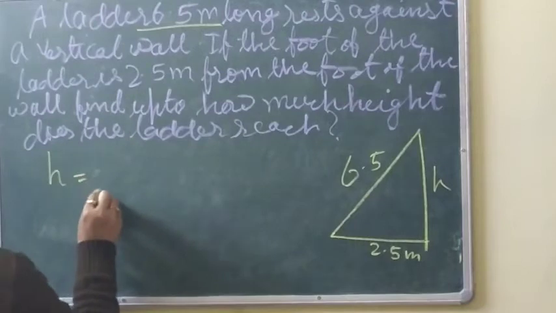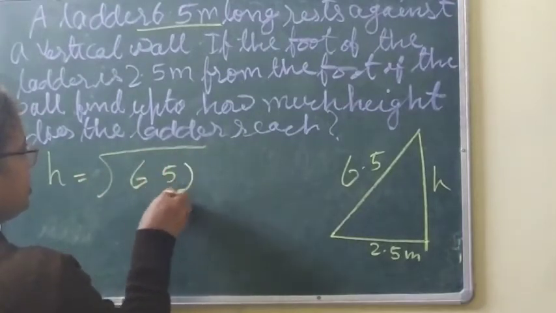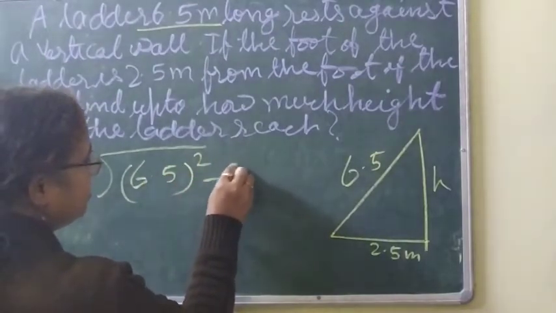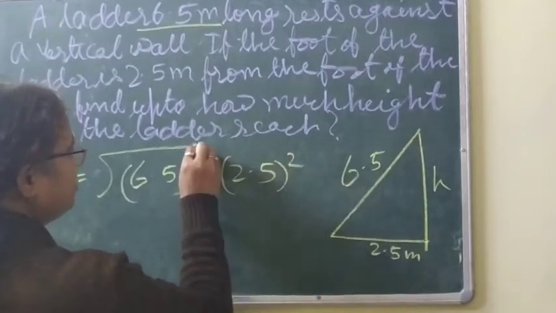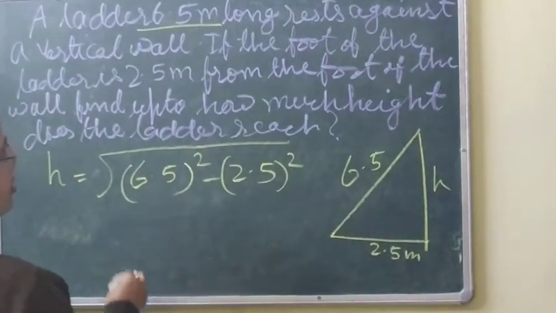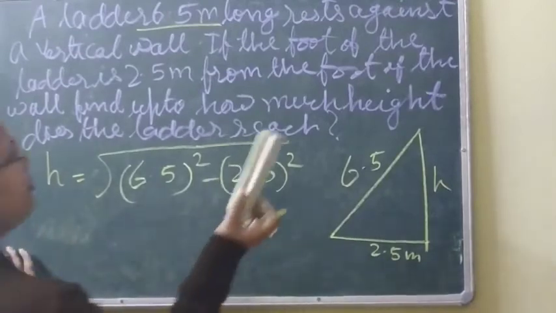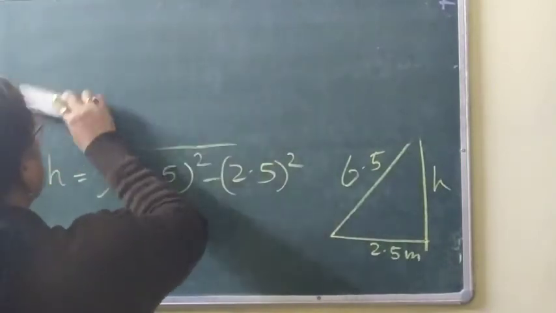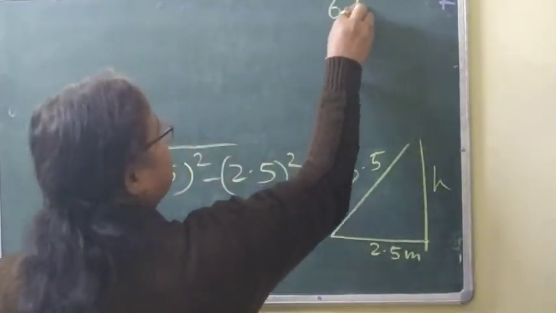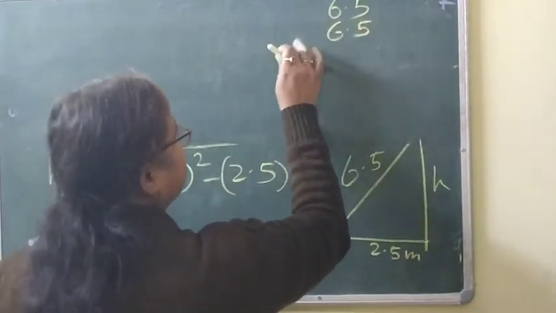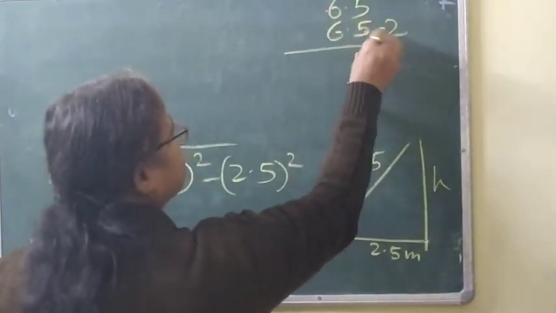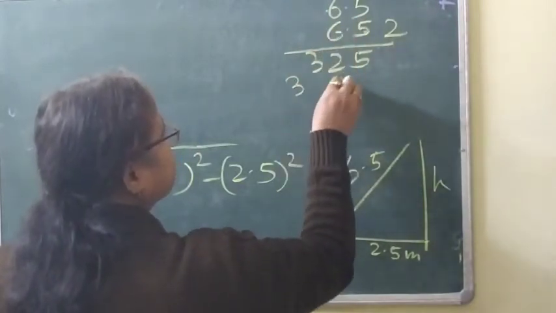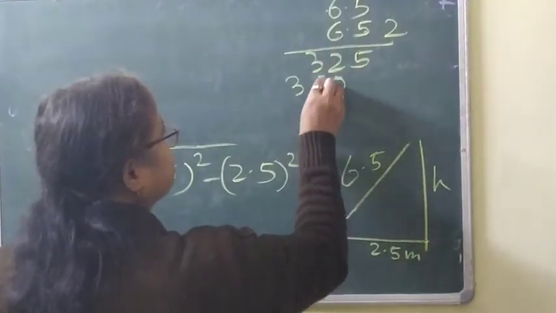Very easy. H will be equal to the square root of 6.5 squared minus 2.5 squared. So first we'll find the square of 6.5. I'm going to write this out, because it has become very clear what we have to find. Clear?